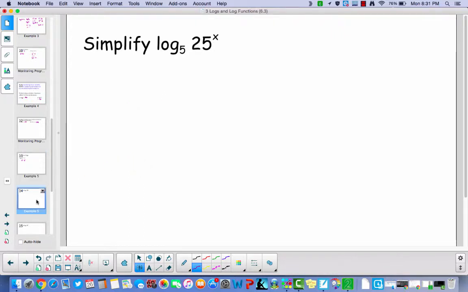Okay, so let's look at one. We want to simplify log base 5 of 25 to the x. Now it's almost like that one, but are these the same base? No, they're not. But could I write 25 as 5 to some power? Yes, I could. I have this as log base 5 of 5 squared to the x.